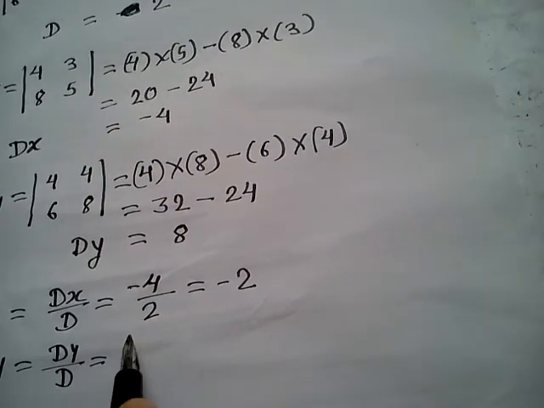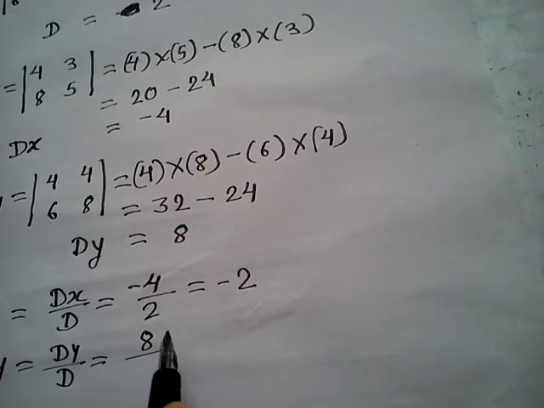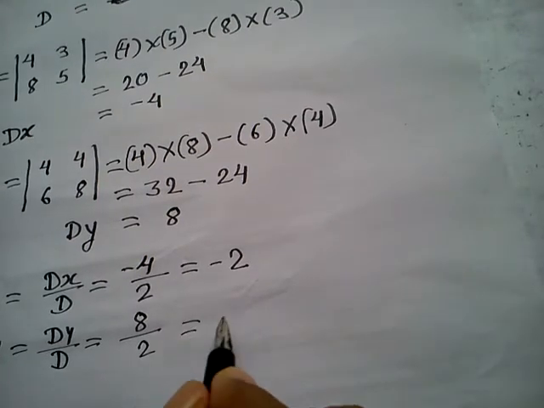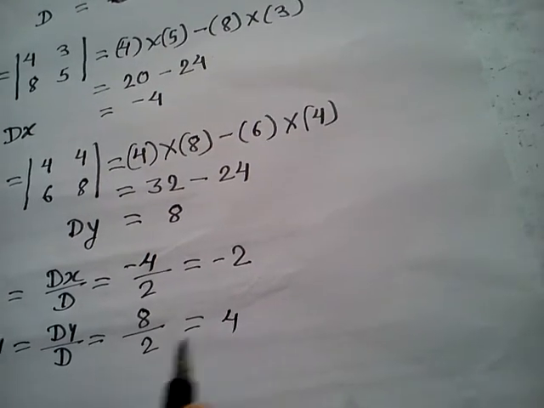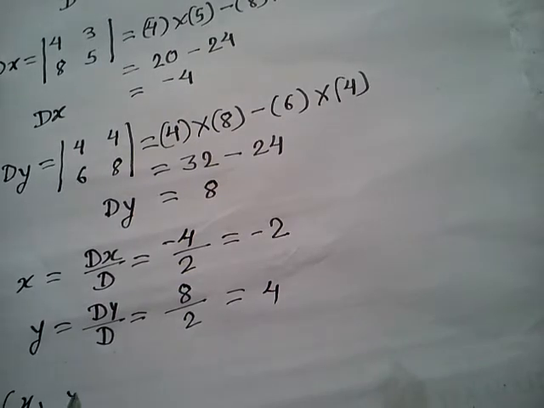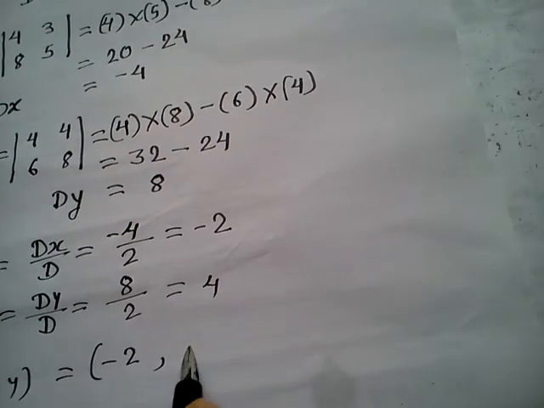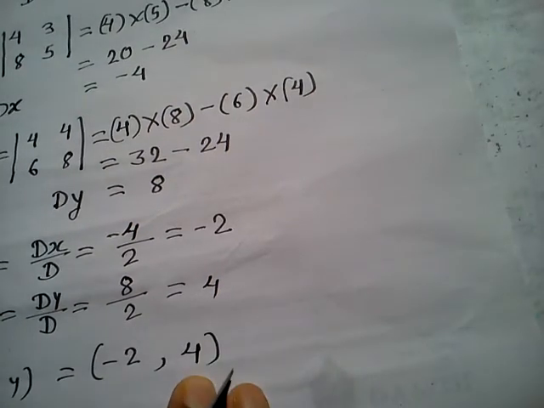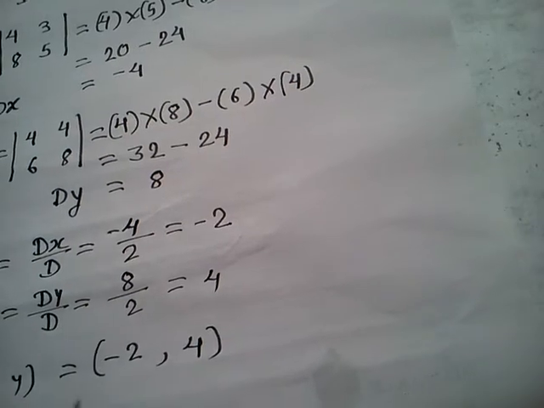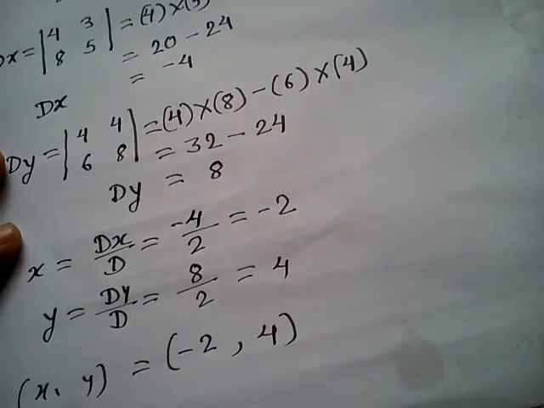What is dy? 8. 8 by 2 is equal to 4. Solution, x, y is equal to, what is the value of x? Negative 2, y 4. This is the solution.